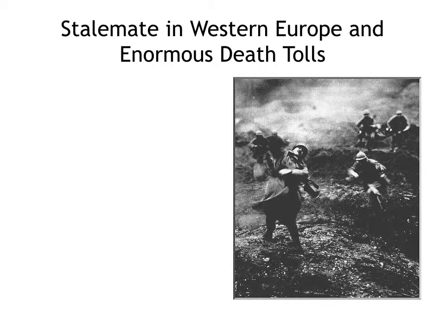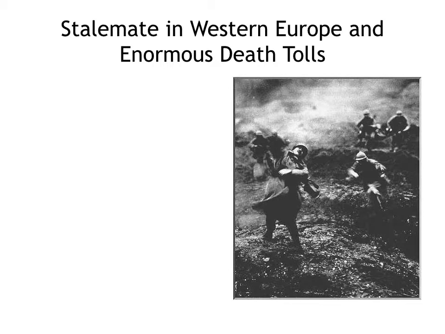The result of the Battle of the Somme is that the German line was pushed back a few football yards, a couple hundred yards, at the cost of hundreds of thousands of British lives. These kinds of death tolls were shocking. Europeans were not prepared for this. This is not what war had looked like for much of the 19th century.